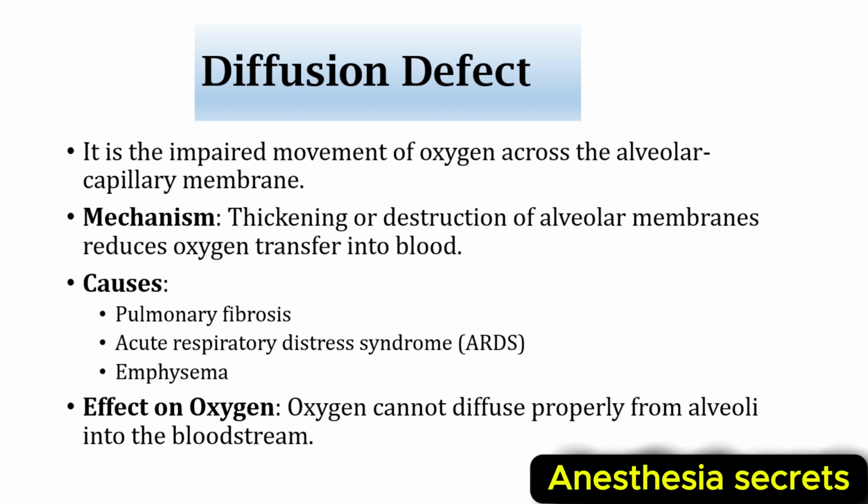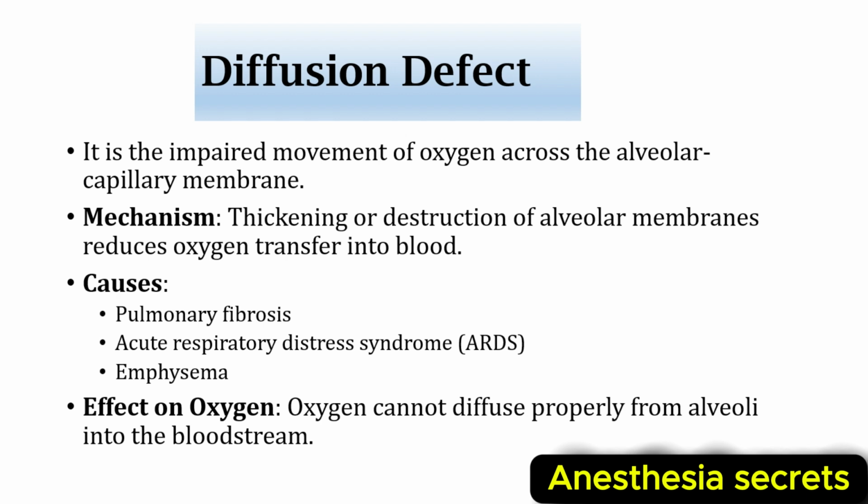In this mechanism, the gas exchange between the alveoli and the capillaries is impaired due to changes in the structure of the alveolar capillary membrane or a reduction in the surface area available for diffusion.